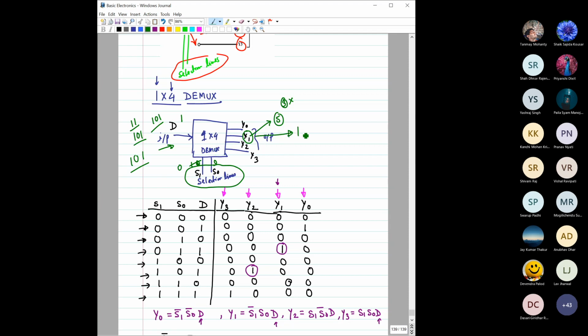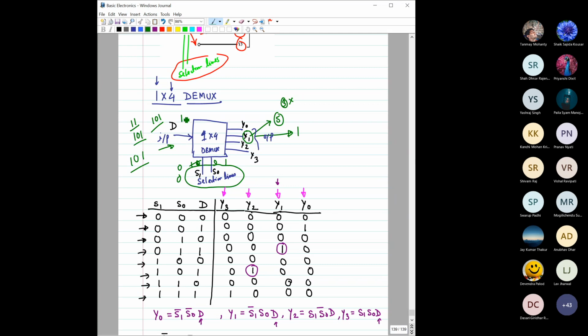So during that time the selection line value is 10. Then for 0, during that time the selection line value would be 01. Then we need to send 0. I will select Y0. But that 0 will also affect Y1, right? Yes, 0 should affect because now you have changed the data line.